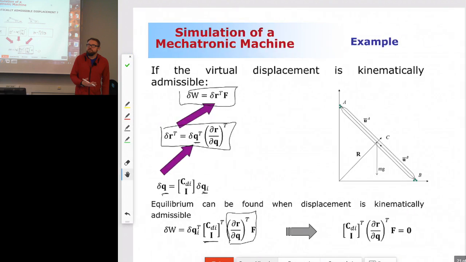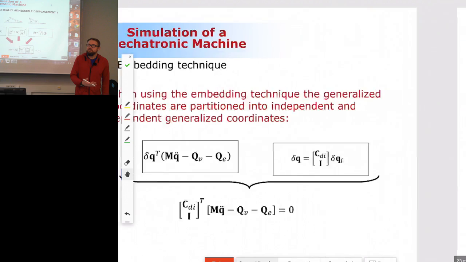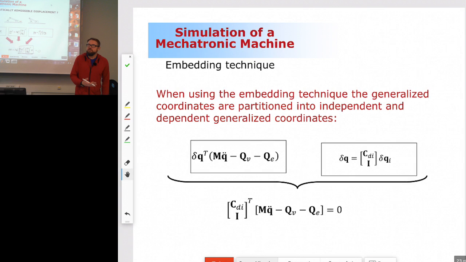Okay. Now, like I say, let's move on. Let's extend this to dynamics. Okay, so we are very close to that. That only needs a few steps, and then we are done here.